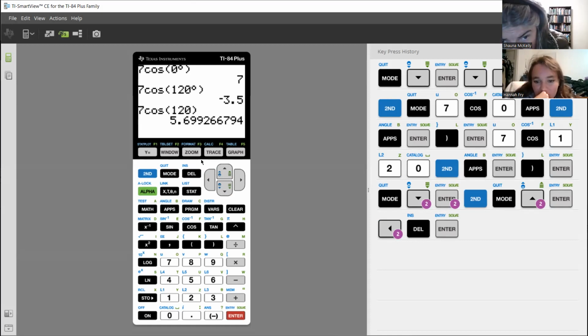You didn't do anything wrong. Your calculator was in radians. This is your answer if you're in radian mode. But we're doing it in degrees, so you should get a negative 3.5.